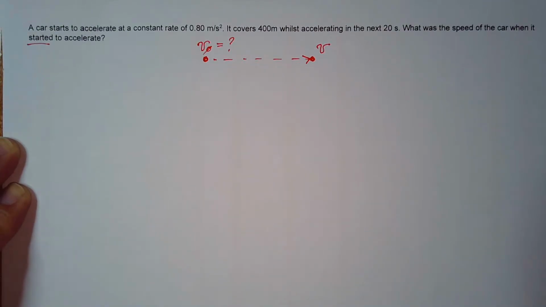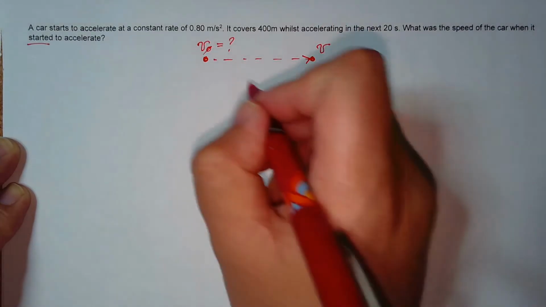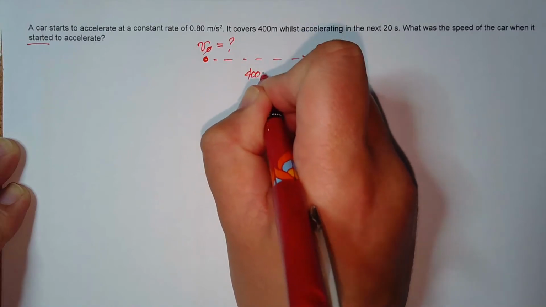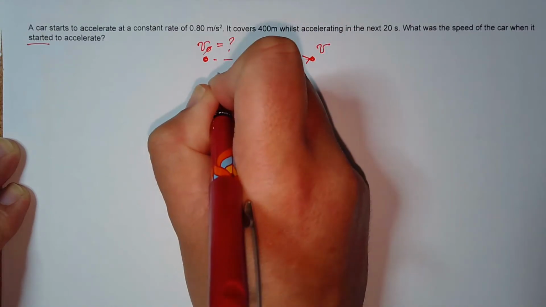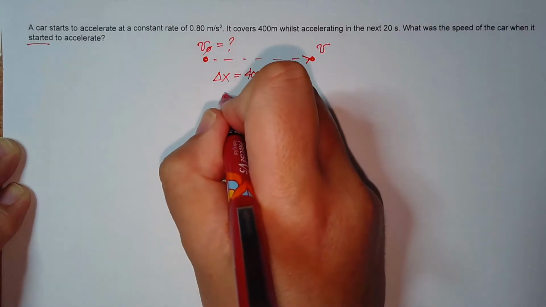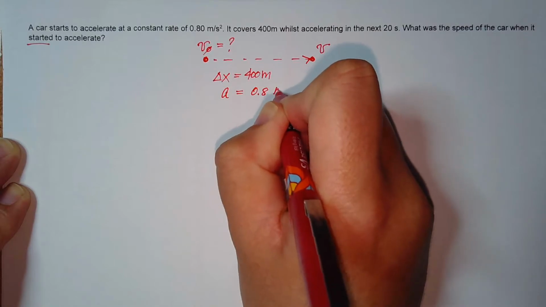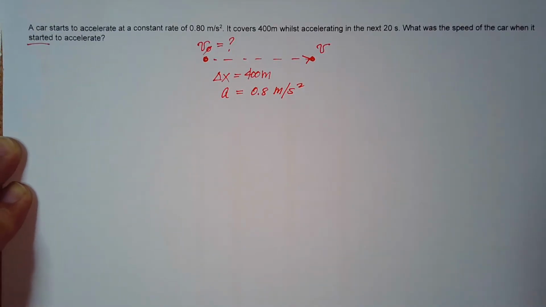But what additional information was provided to us? 400 meters is our displacement, which is delta x in this case. A constant rate of 0.8 meters per second squared is our acceleration.